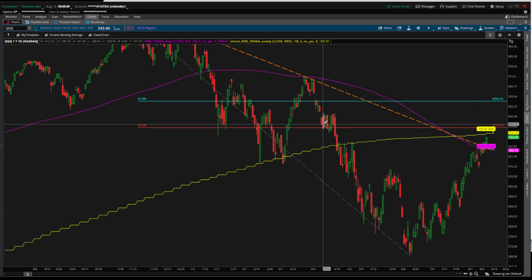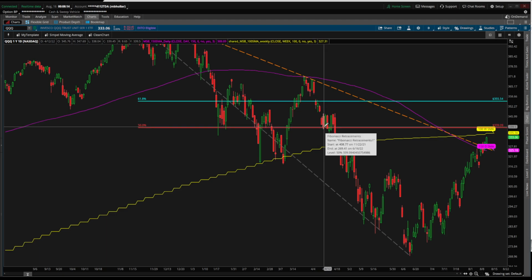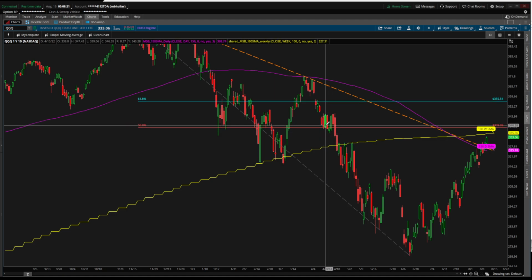The other thing to watch is this cluster back in April, where this level of approximately 330 to 339 acted as a point of support, and once we broke that, the market obviously fell significantly.